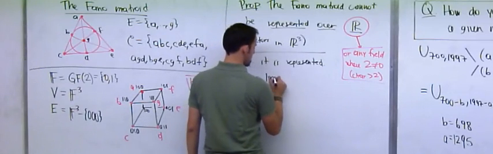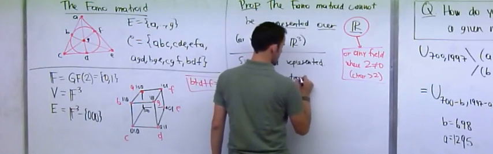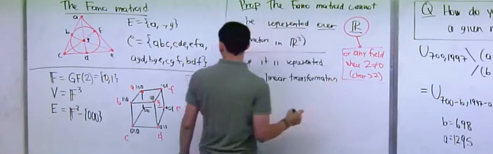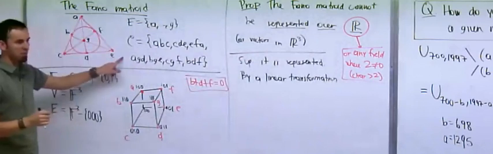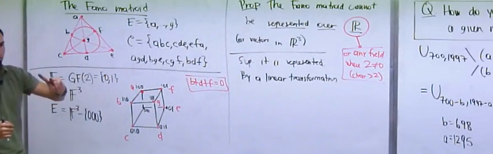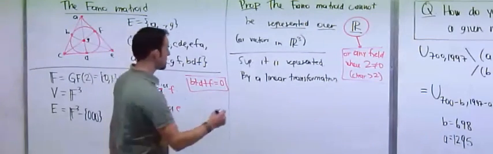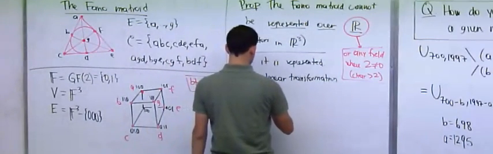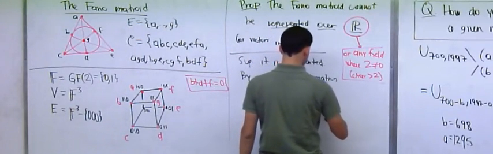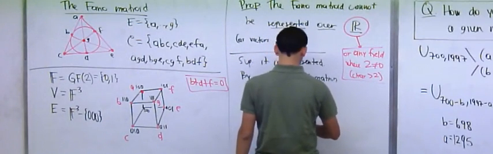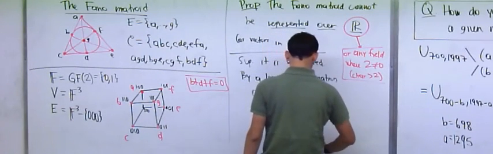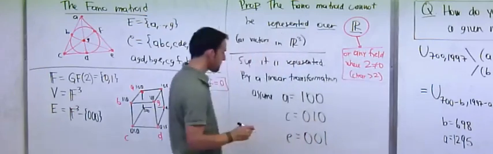Since we know ACE is supposed to be a basis, that's important. ACE is a basis, and so they are 3 independent vectors. And any 3 vectors in R3 you can send to the basis vectors. You can assume that A is 1, 0, 0, C is 0, 1, 0, E is 0, 0, 1.